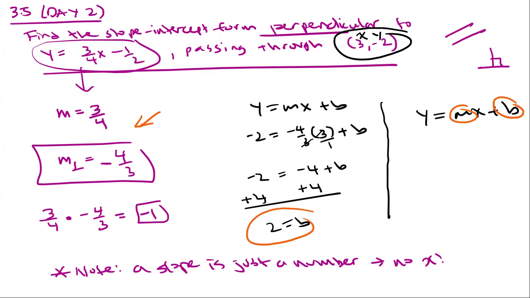So when we put it together, we have y is equal to -4/3 x plus 2, okay? That is the equation in slope-intercept form, perpendicular to y equals 3/4 x minus 1/2.